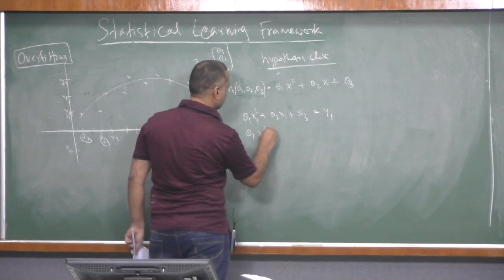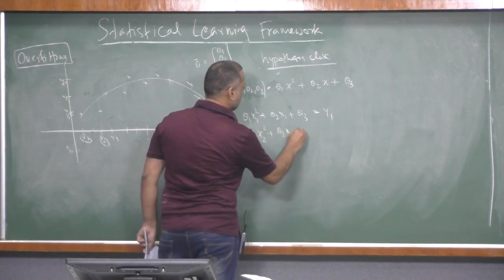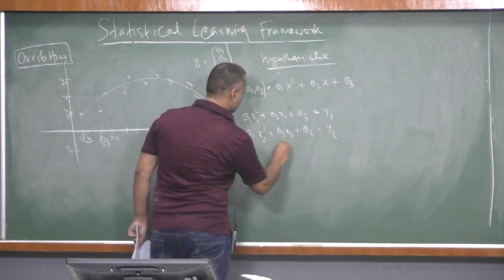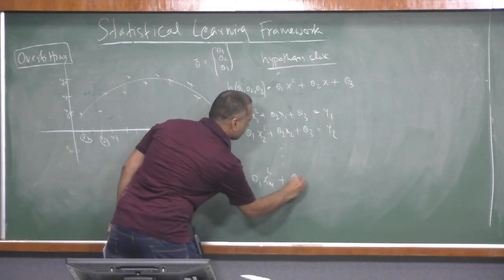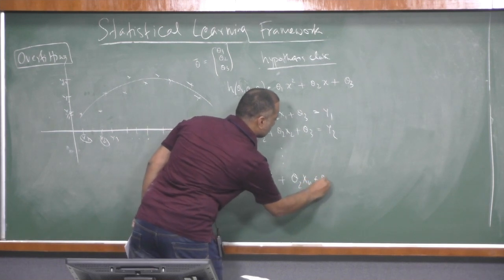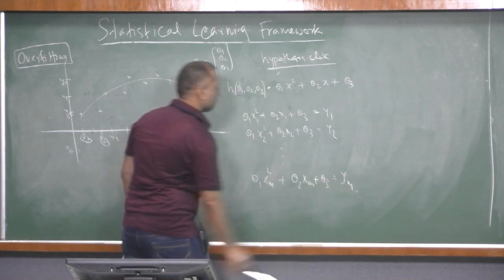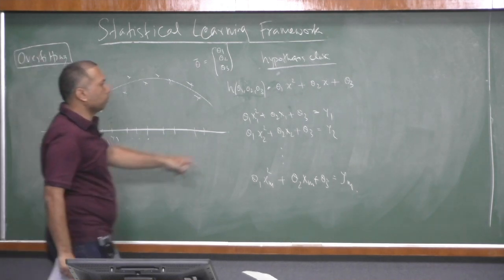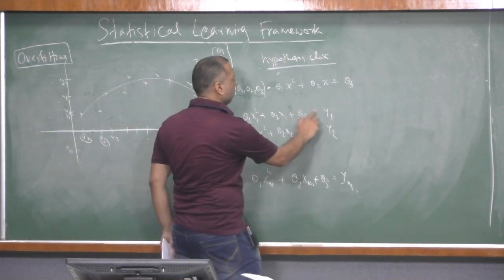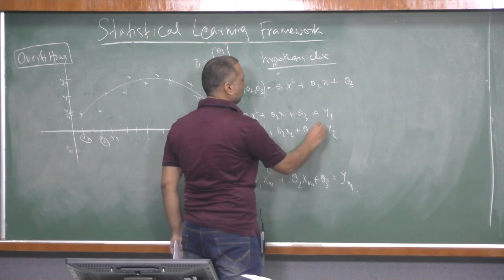So this is x2, y2, and so on. Let us say we have m points, up to ym. This is what I want my model to be, and I can use the usual numerical stuff that we learn in numerical analysis. It may not be possible that it's always equal, so we will formulate this as a least square problem.